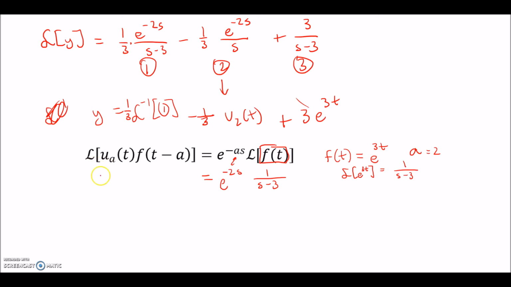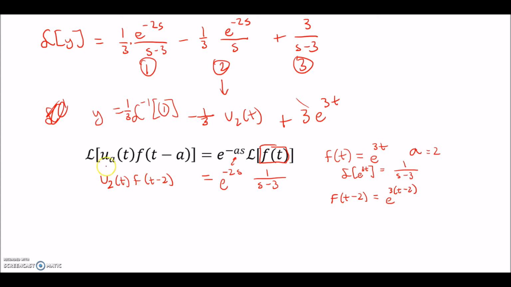So I'm going to have something of the form u sub 2 of t times f of t minus 2. Since f of t is e to the 3t, f of t minus 2 is e to the 3t shifted over to the right 2 units, so this is e to the 3 times t minus 2.